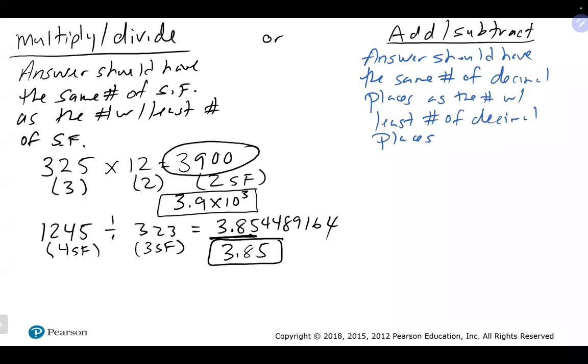When you transition to adding and subtracting, you're no longer looking at how many significant figures, but you're looking at how many decimal places in each number. And it is the least number of decimal places.